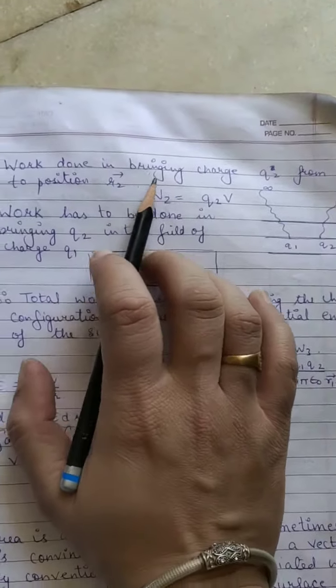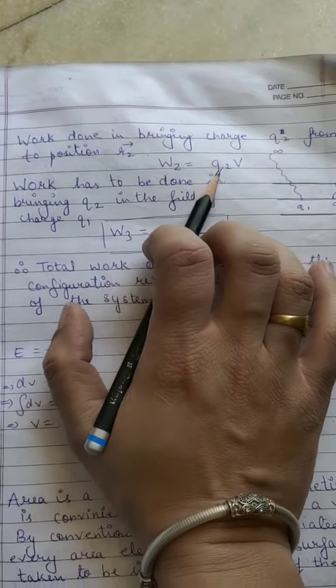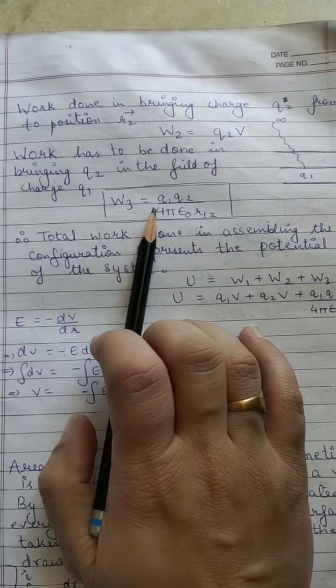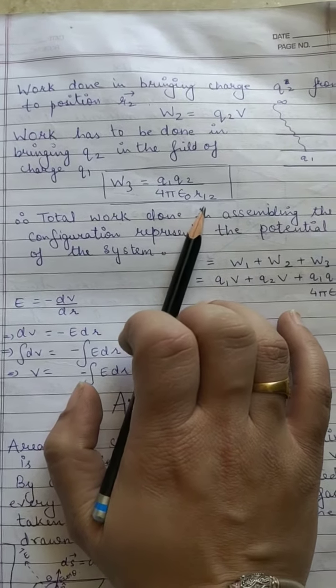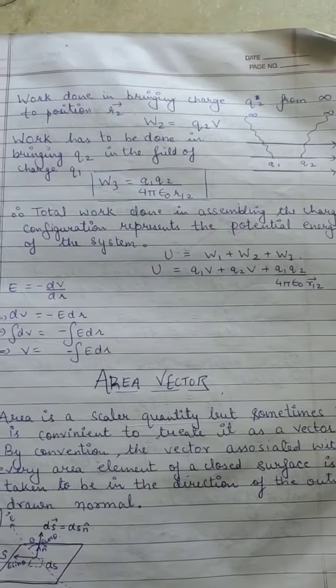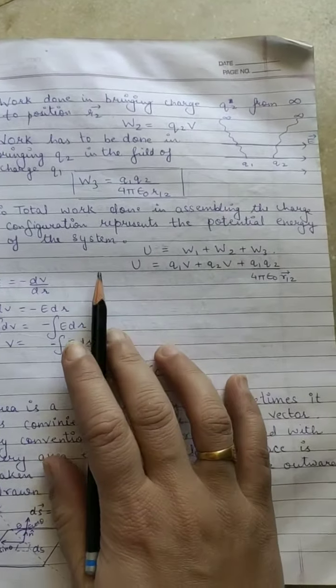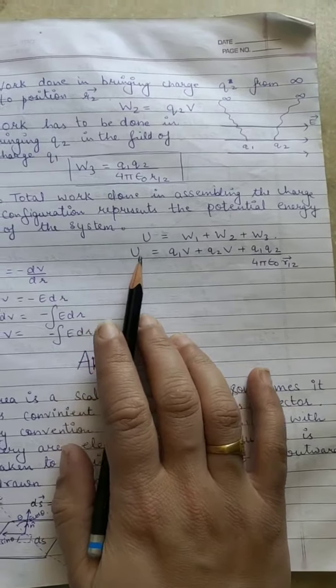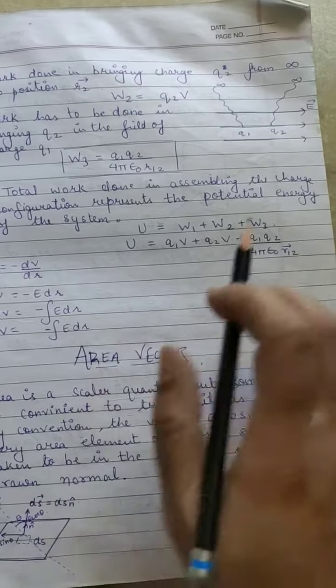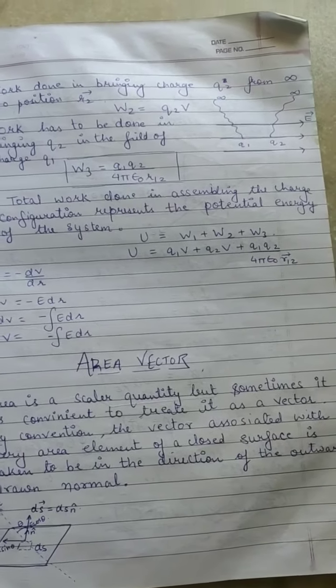Work done in bringing the second charge, W2, is equal to Q2 into V. Similarly, you can write W3 is equal to Q1 Q2 upon 4 pi epsilon naught R12. It means the total work done in assembling the charge configuration represents the potential energy of the system. U is equal to W1 plus W2 plus W3, that is Q1V plus Q2V plus Q1 Q2 upon 4 pi epsilon naught R12.